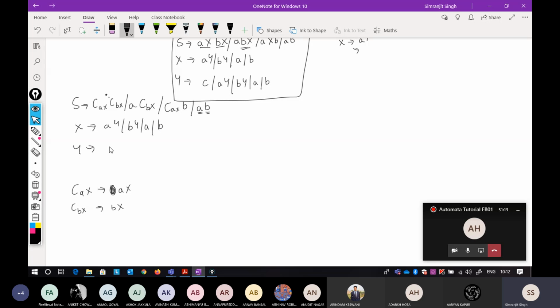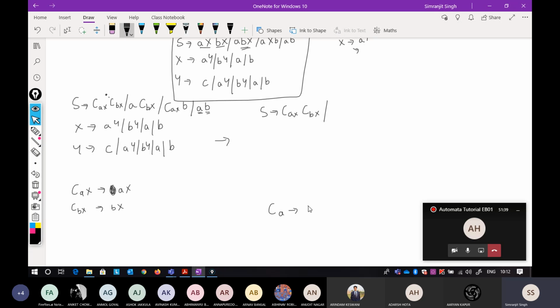So for y, a single c, this is a single c. Okay, this is a small c, so there is no problem about it. There is a y, again you have to include something here, so let me take it to the next step. Okay, so now S tends to CAX CBX. Now in this step, for this small a I will include CA.